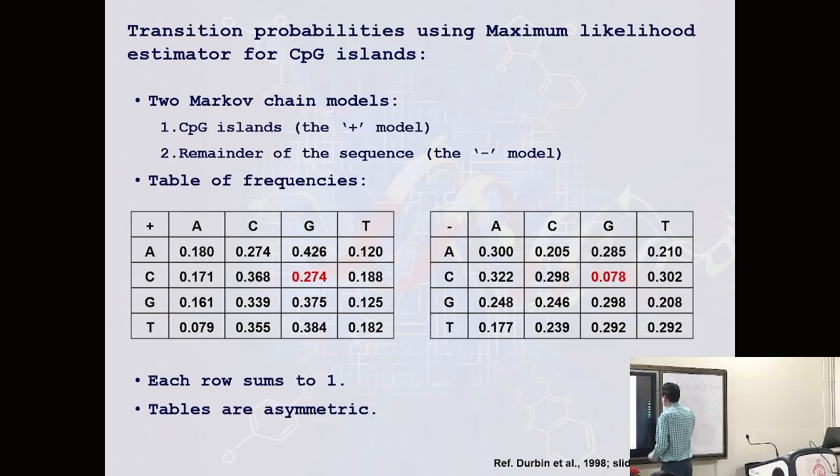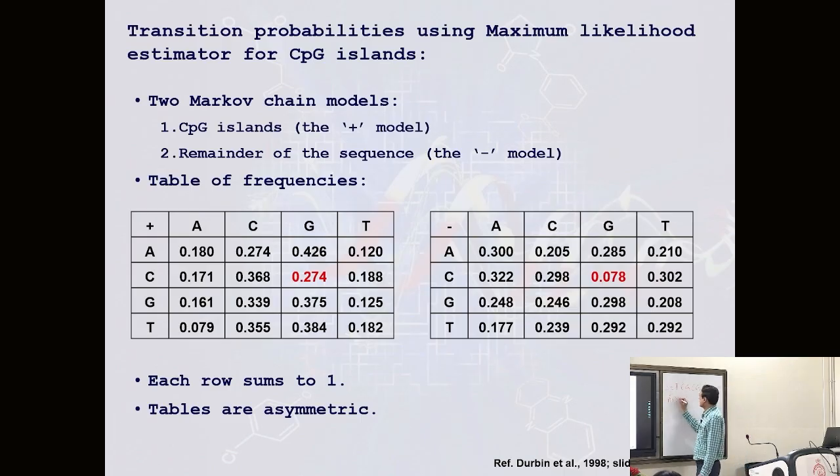You want to use these already trained models to predict whether this sequence is a CpG island or not. So you would want to compute the probability of this sequence to be a CpG island. For that you are going to use which model, plus or minus? Plus. So you will use the plus model.